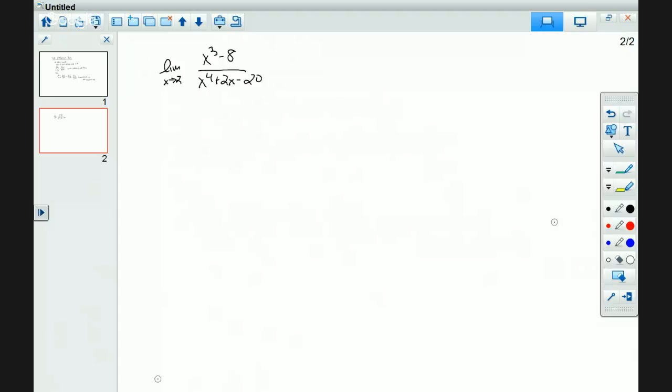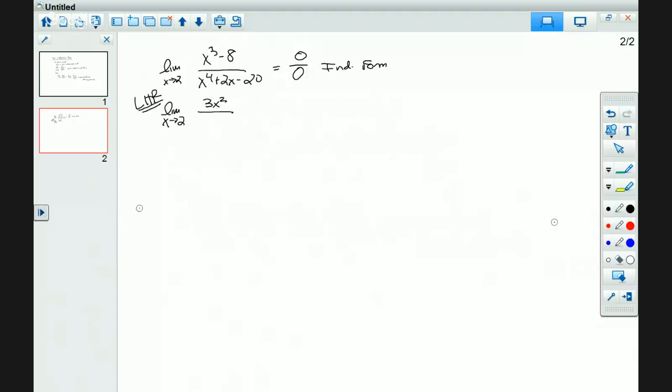What do you get? Okay, so now we can use L'Hopital's rule, because that's an indeterminate form, right? You're using derivatives to solve a limit. What's the derivative of the top?